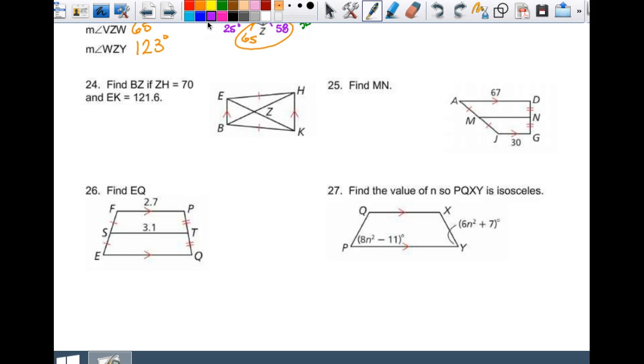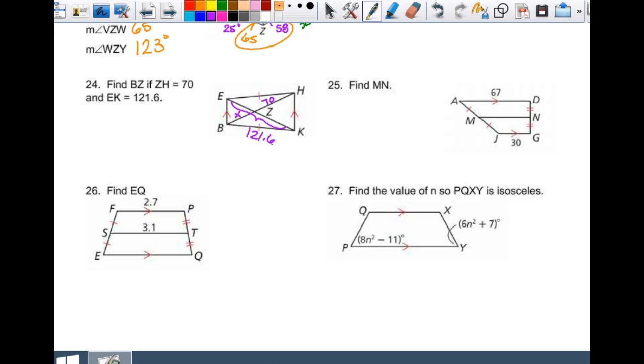All right, so to find the length of BZ, here again I have an isosceles trapezoid, which means that I know that the diagonals are congruent. So if I want to find the length of BZ, I'm going to call this X. I know that ZH is 70, and I know that EK, this whole thing here, is 121.6.